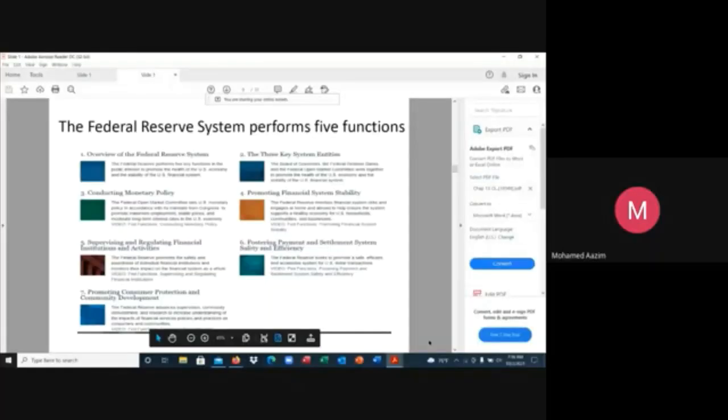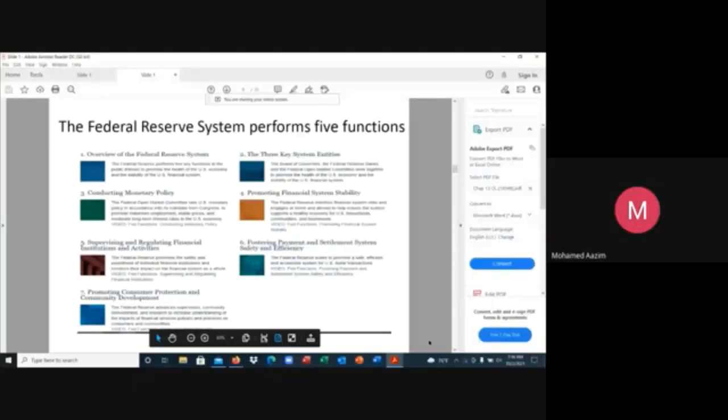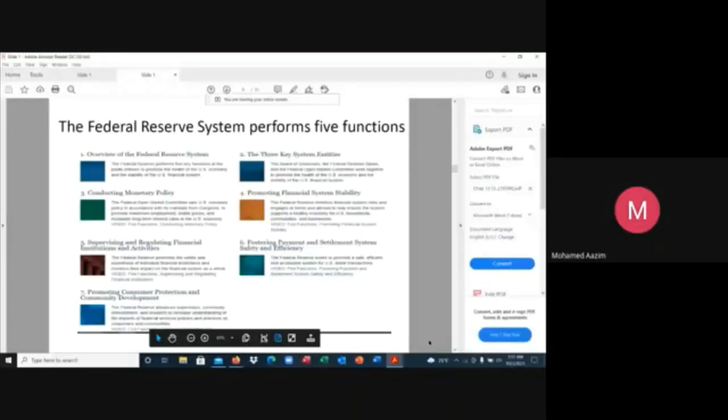The Monetary Law Act provides for economic and price stability and financial system stability. Two main objectives: economic and price stability. The second one is financial system stability.